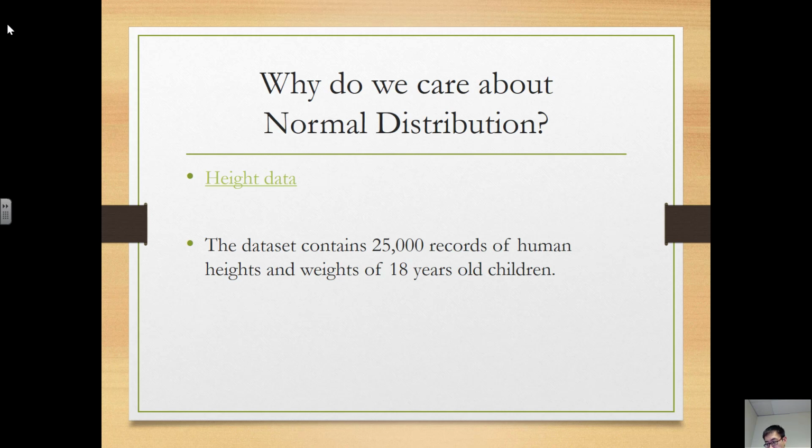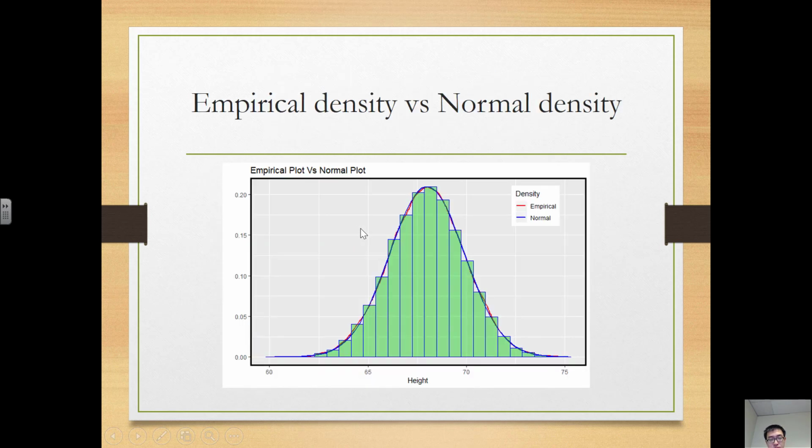Here is one example. So this data set called height data includes 25,000 records of human heights and weights of 18 years old children. You may take a look after the class, but I imported this data set into our software and plotted the histogram and overlaid it with the density plot. You can take a look. Please, next slide.